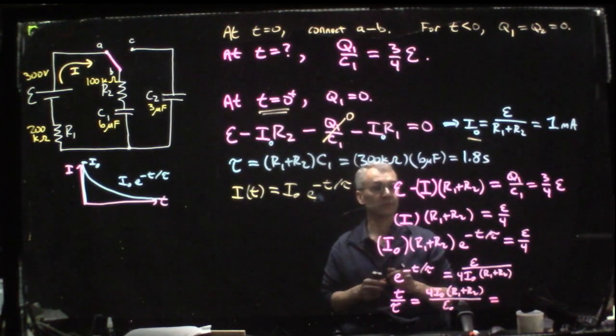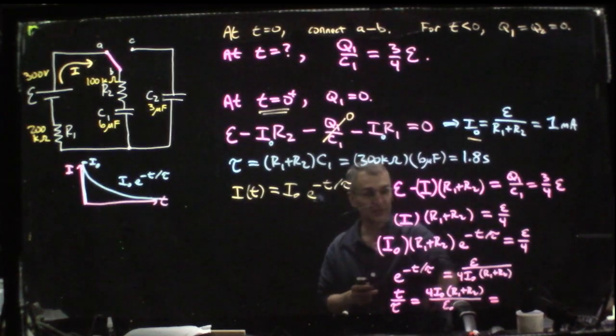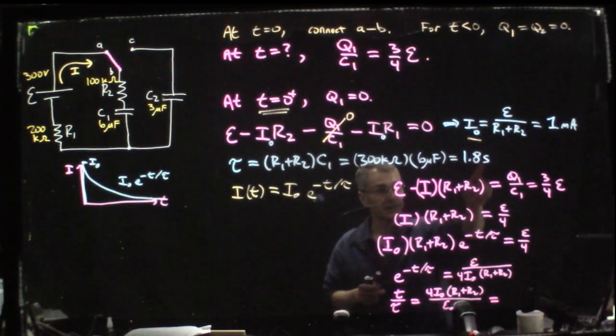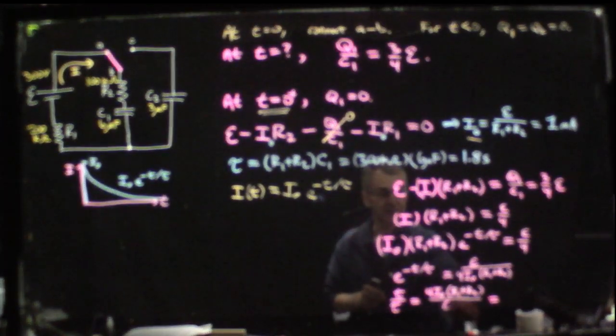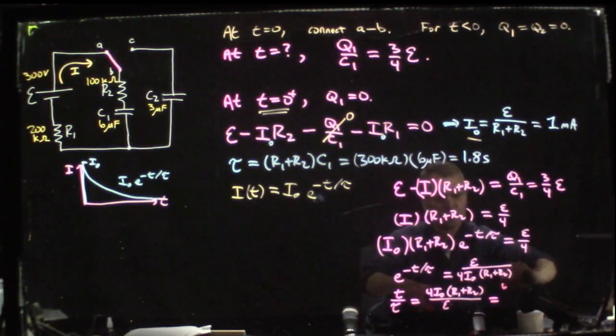Okay, what's kind of interesting, so this I0, this is actually the EMF over R1 plus R2, but then there's R1 plus R2.